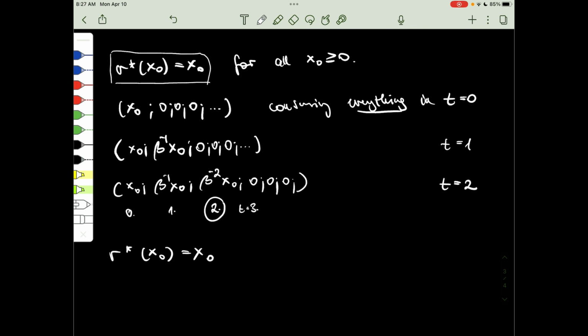So no matter what plan the agent follows, no matter what plan she chooses, she will have this level of satisfaction. So it's all the same when the agent consumes.